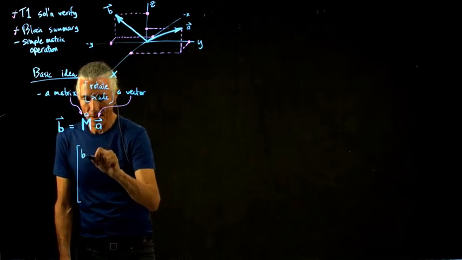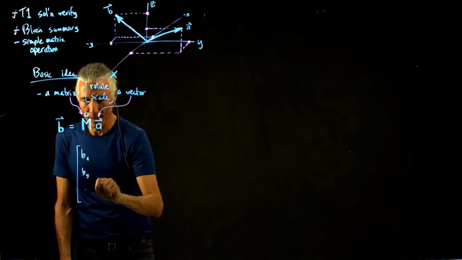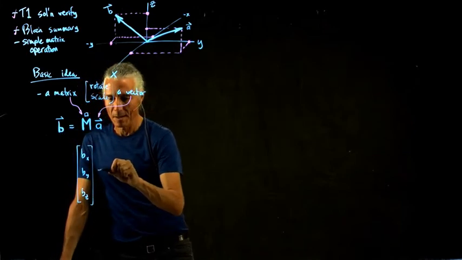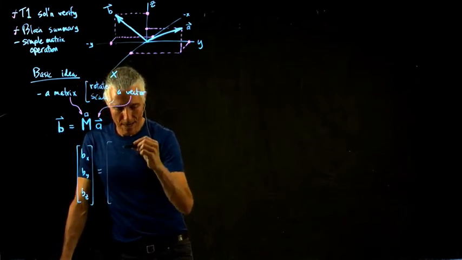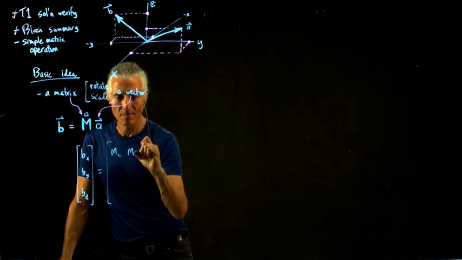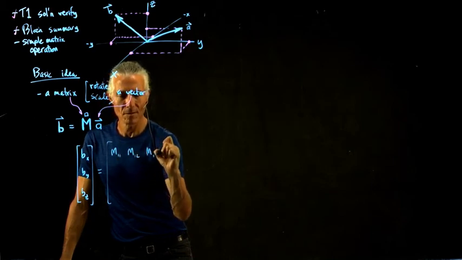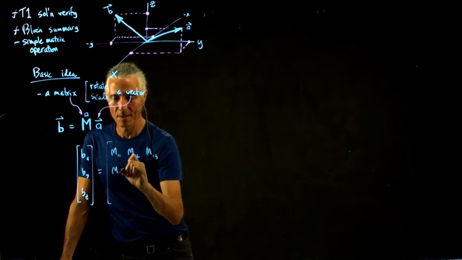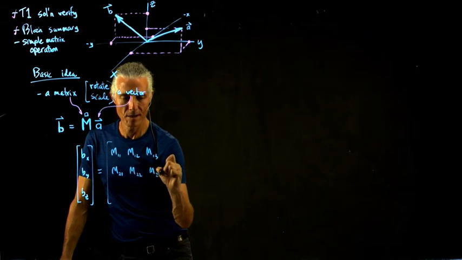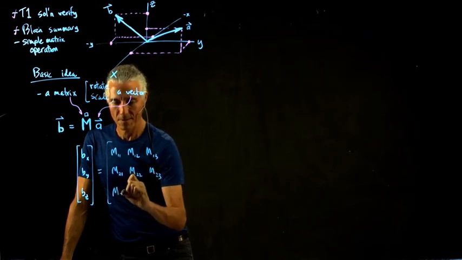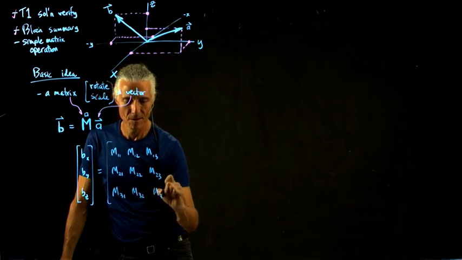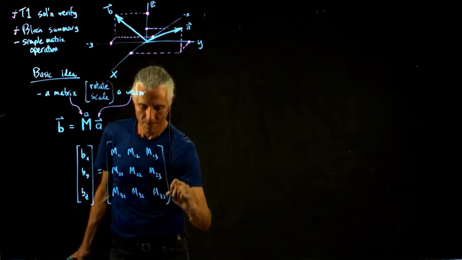So the x, y, z components here are equal to our 9 numbers. So here's the matrix: 1, 1, 1, 2, 1, 3, 2, 1, 2, 2, 2, 3, 3, 1, 3, 2, 3, 3.